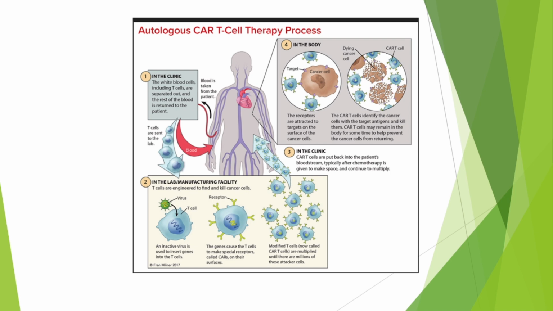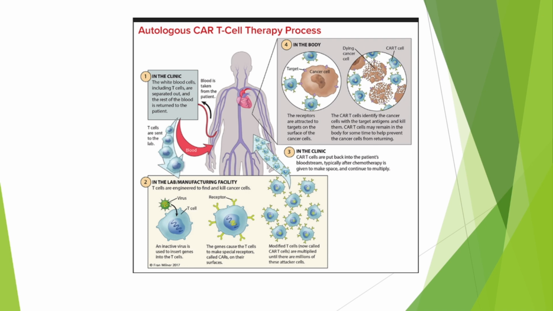The next step is in the clinic. In the clinic, chimeric antigen receptor T cells are put back into the patient's bloodstream, typically after chemotherapy is given to make space for them to continue to multiply. The last step is what happens in the body.